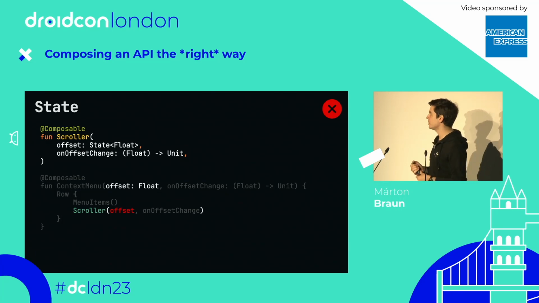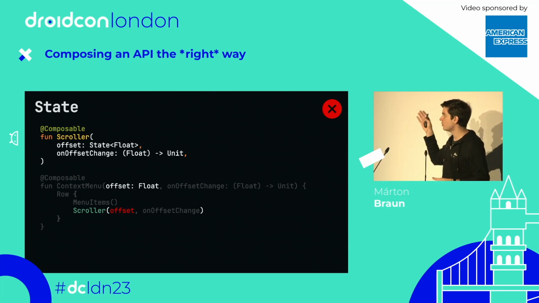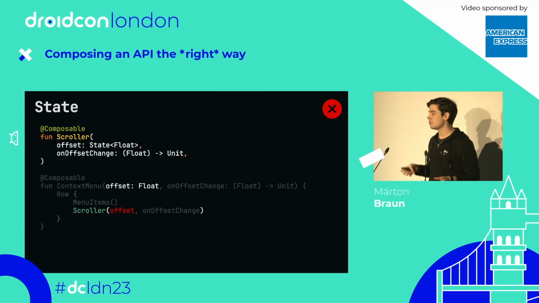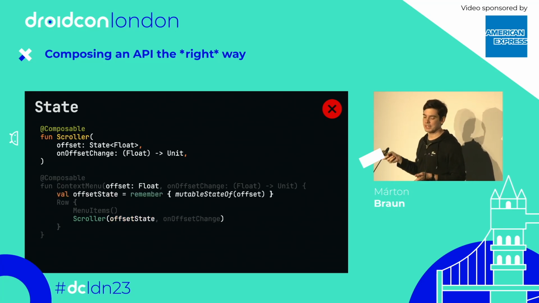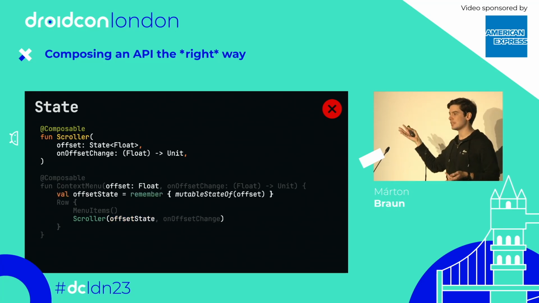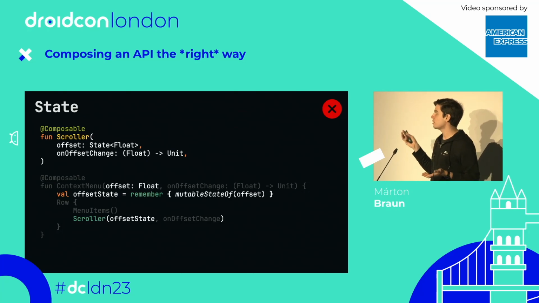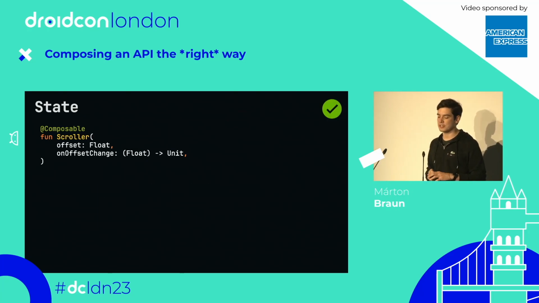So for example, if we want to call this scroller component, and we already have a plain float value that we want to pass in as the offset, we are unable to do that because it requires a state specifically. So in this case, we would have to do something like create a new mutable state object just to be able to pass in a value, which will probably read again from that state inside the component. So in order to keep your components easy to call and friendly to use, you should just use plain values for parameters most of the time.